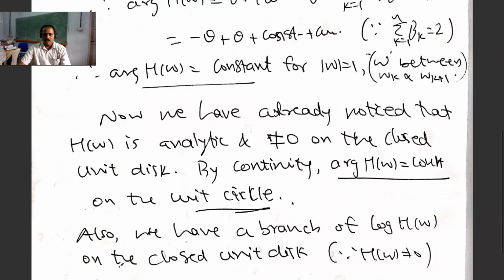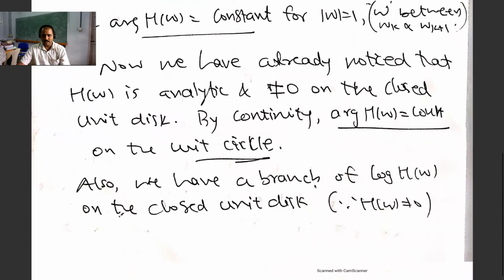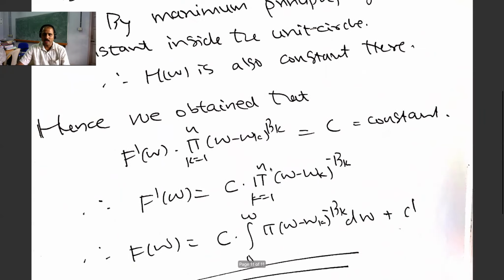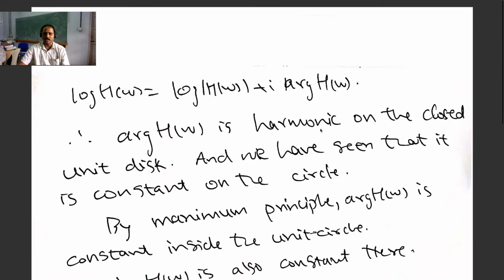We have already noted that h of omega is analytic and non-zero, so you can consider log h of omega, whose imaginary part is the argument of h of omega. That is a constant, therefore log h of omega is a constant.